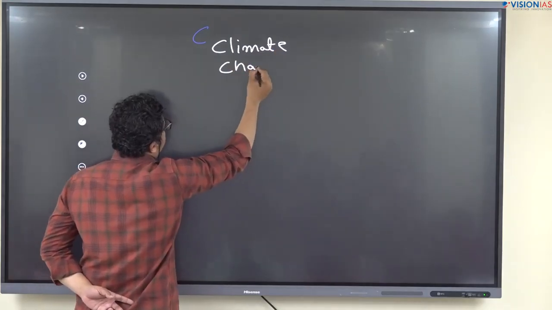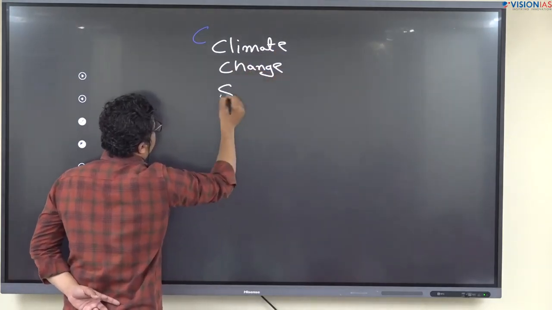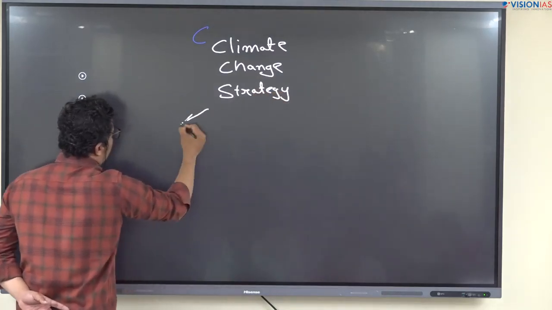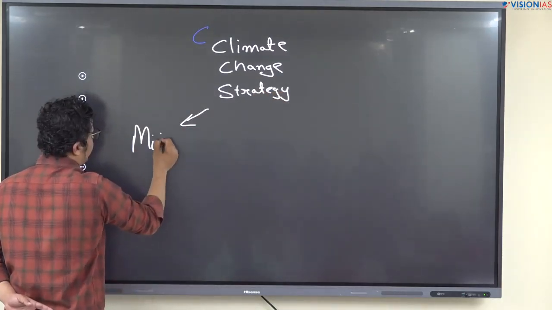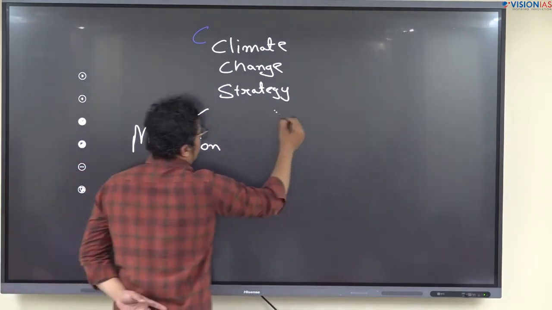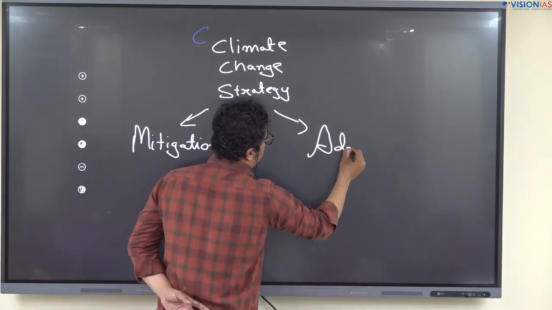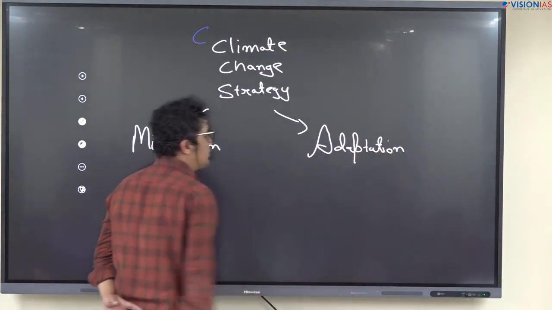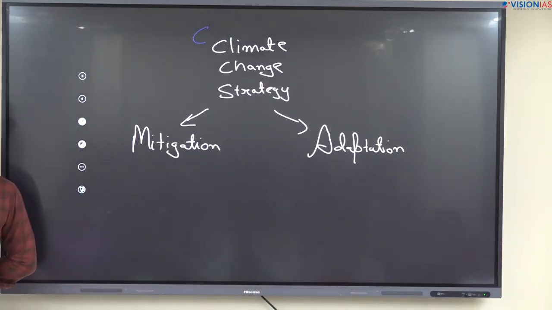Climate change strategies are of 2 types: mitigation and adaptation. This is what you can do to control climate change. Either you can do mitigation, or you can do adaptation.